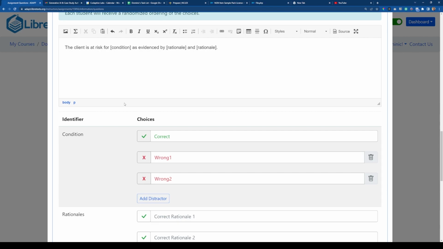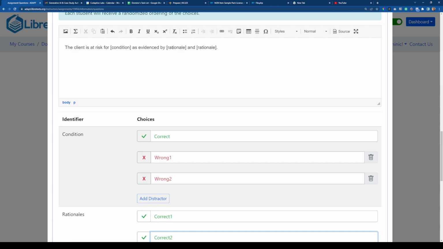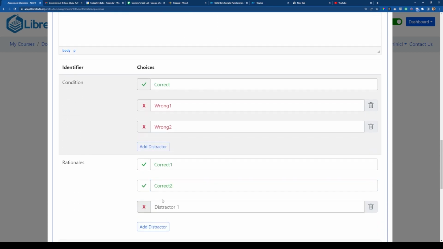Now, when it comes to the rationale, if I go down here, you will see that I actually can specify two correct choices. That's because these two blanks, rationale and rationale, are going to share the same pool of choices.